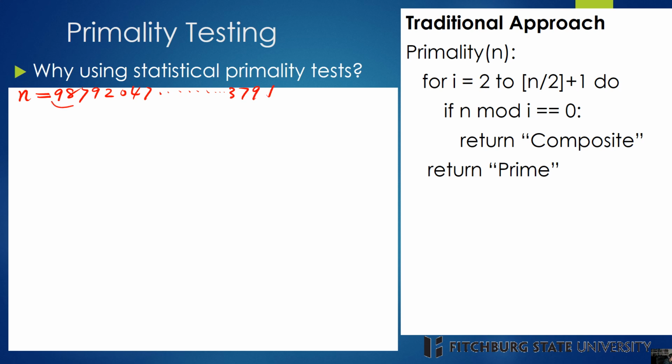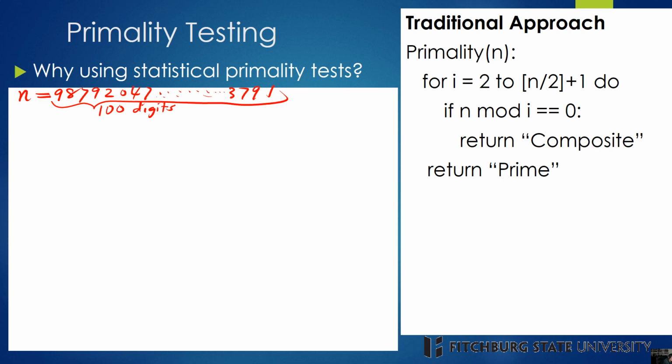Now we have a total of 100 digits. I skip the middle because 100 digits is so long, I cannot write all of it. Now, if we want to test whether n is a prime number, what do we do? We use the traditional approach. Can we use the traditional approach? Now let's try it.